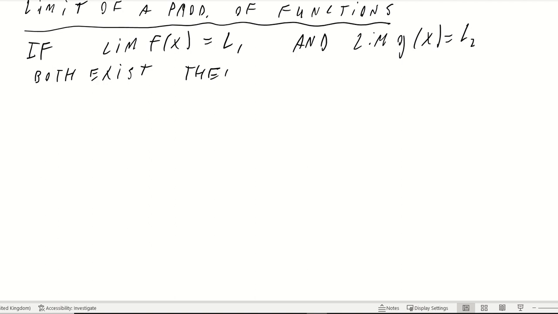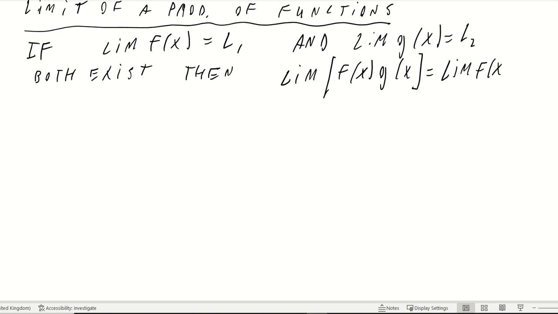Then the limit of the product of these two functions, f of x multiplied by g of x, is equal to the limit of f of x multiplied by the limit of g of x, and that is equal to L1 multiplied by L2.